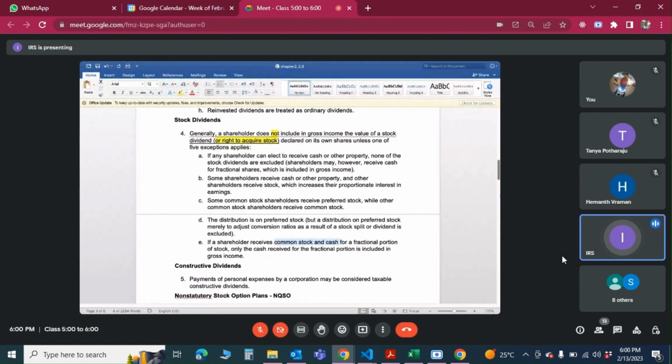If you're following the same proportion for everybody, and there is no other choice given, or no mix of different stock, such as on common stock giving a right to acquire preferred stock, then the stock dividend is not taxable.